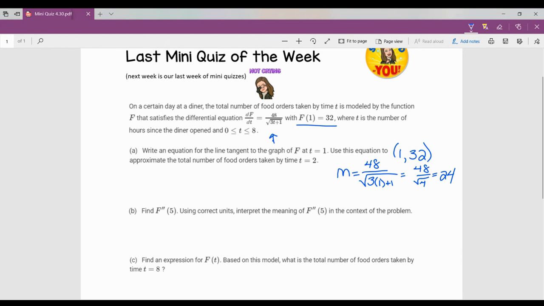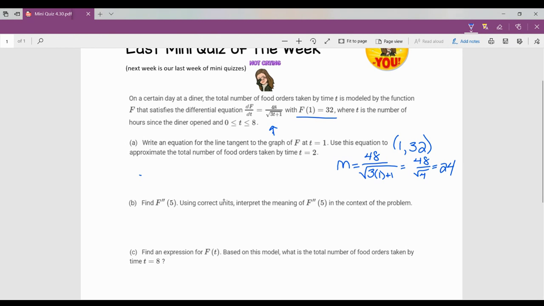So my equation of the line tangent is going to be y minus 32 equals my slope 24, x, or in this case t, minus 1. All right. So I want to use it to approximate the total number of food orders given by time t equals 2. I'm going to just change that y to f because that's what we're going to be evaluating.